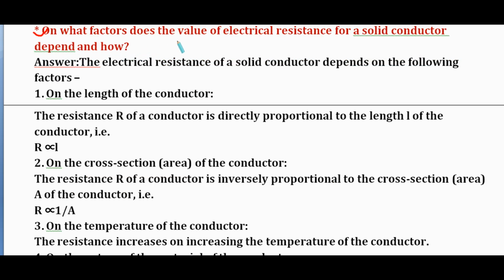Now the question: on what factors does the value of electrical resistance for a solid conductor depend and how? The electrical resistance of a solid conductor depends on the following factors.